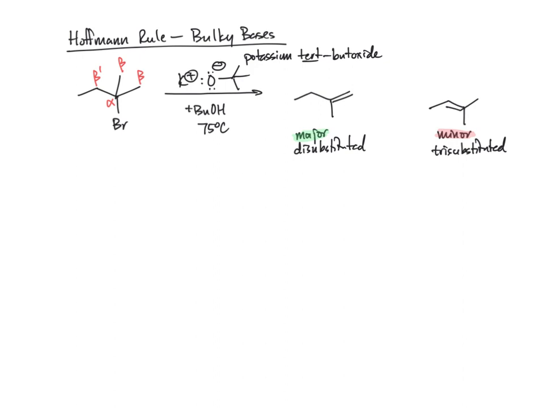So how can we rationalize that? If we look at, say, a Newman projection down this bond versus the Newman projection down that bond, we'll see what that argument means.